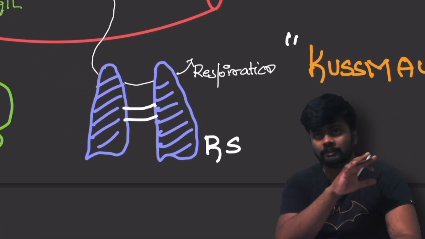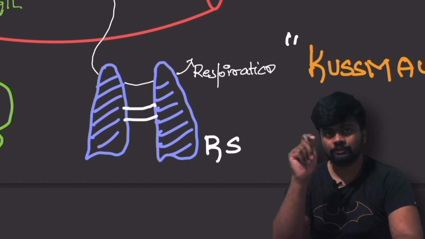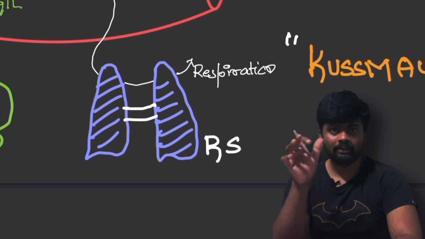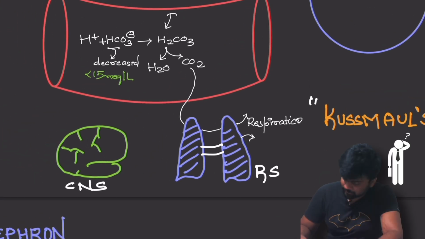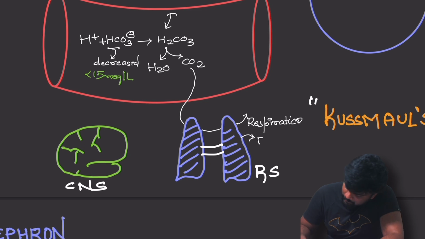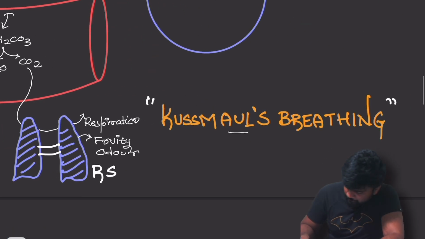Now we have studied that ketone bodies are formed. One of them is acetone. The acetone is also a gas. This acetone is also removed through respiration, and that leads to a fruity odor, so the breath smells fruity. Now there is a term called Kussmaul's breathing.